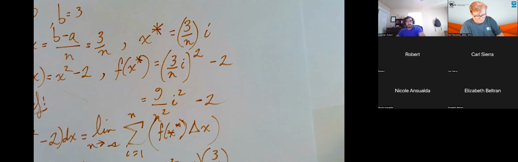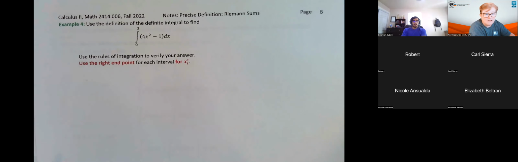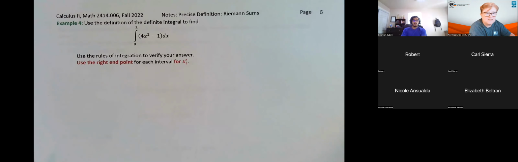So I want y'all to do all of that stuff. And by the way, all of these steps are in the notes. All the stuff that I've been scribbling is neatly in the notes. I want y'all to do all of that stuff from 0 to 3 of 4x squared minus 1 dx. So when I say use the definition, what do I mean?